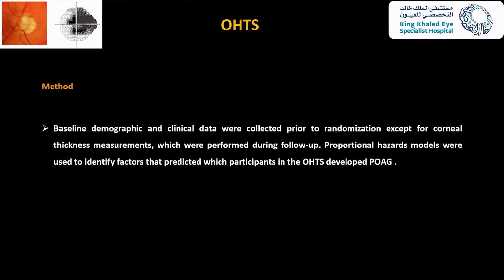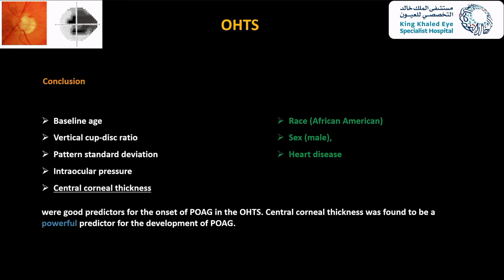They concluded that in both multivariate and univariate analyses, baseline age, vertical cup disc ratio, pattern standard deviation, intraocular pressure, and central corneal thickness were good predictors for the onset of primary open-angle glaucoma. The central corneal thickness was found to be a powerful predictor for developing the disease.